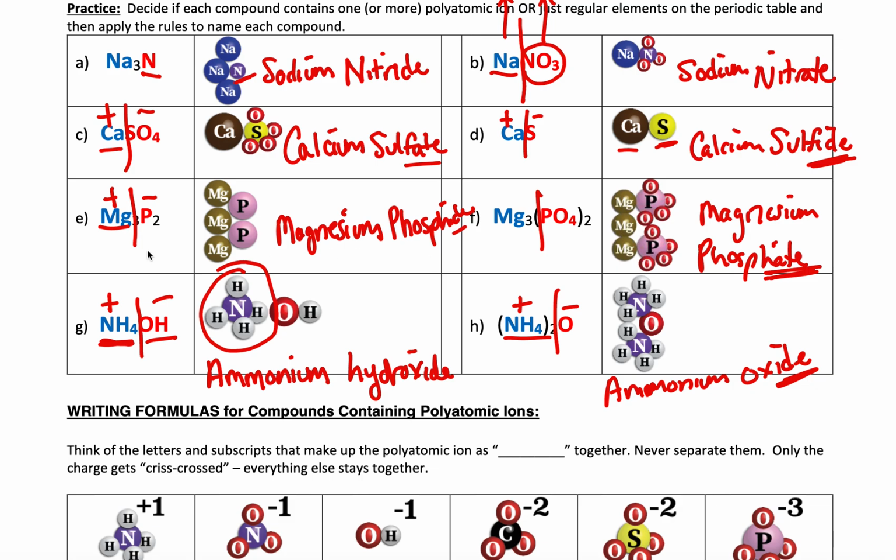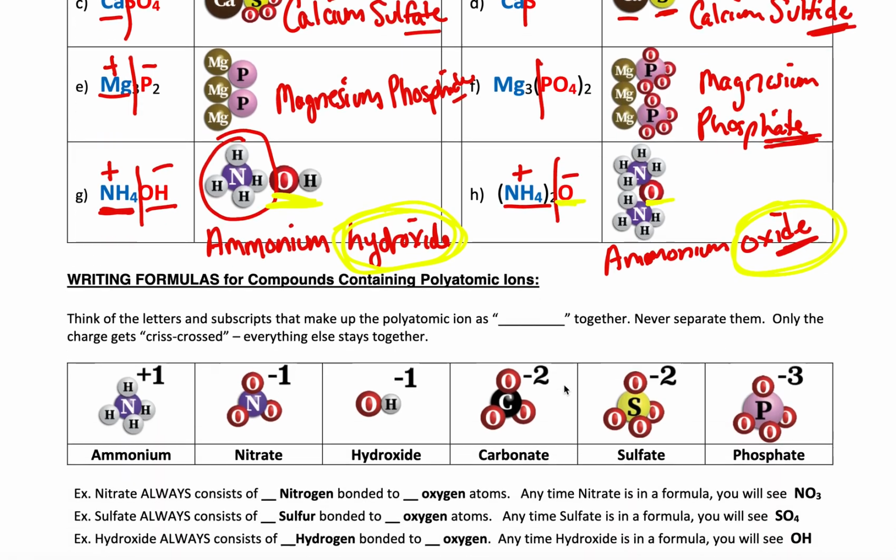Oxide. Now, let me bring your attention to this, please. Ammonium hydroxide ends with OH. Ammonium oxide ends in just O. They are different. Very different, even though they sound kind of the same.